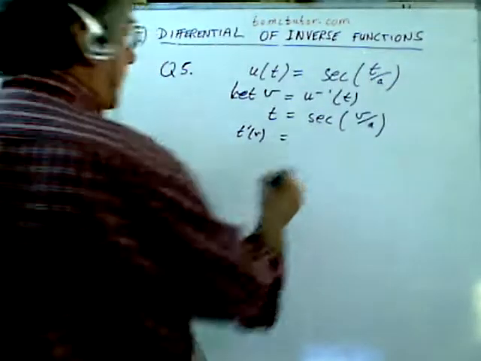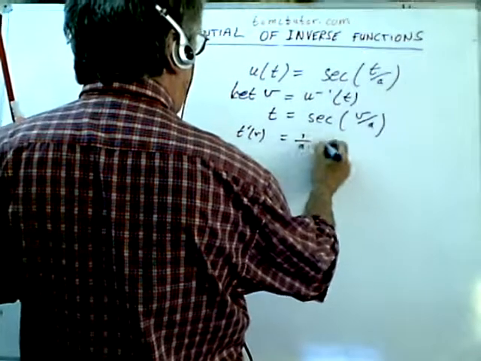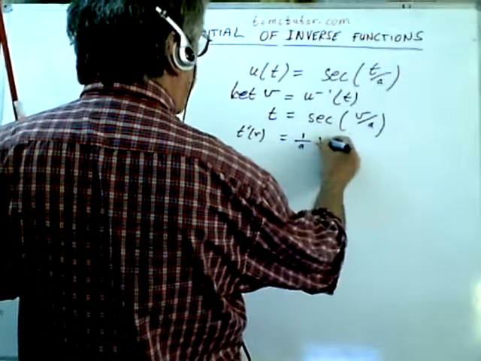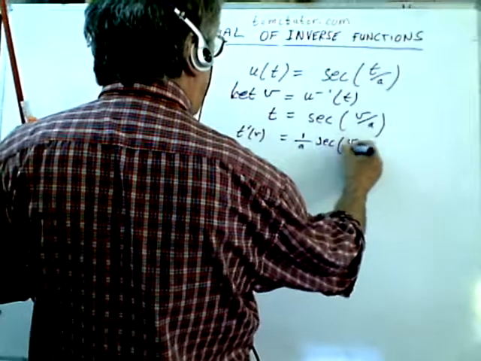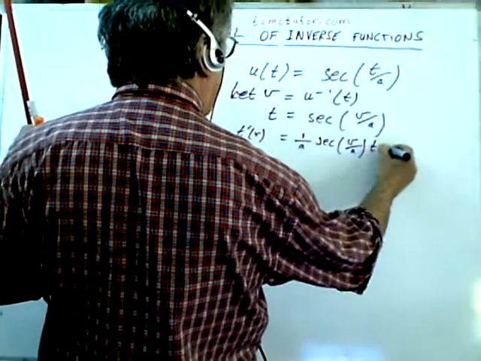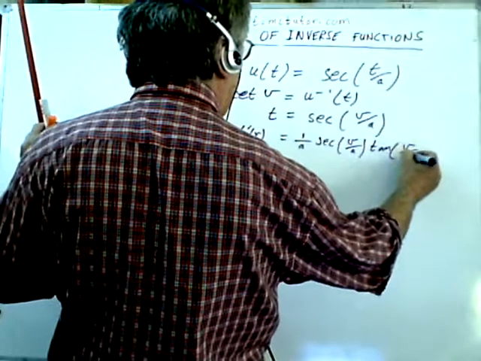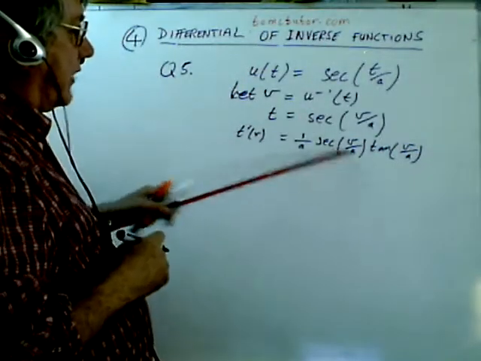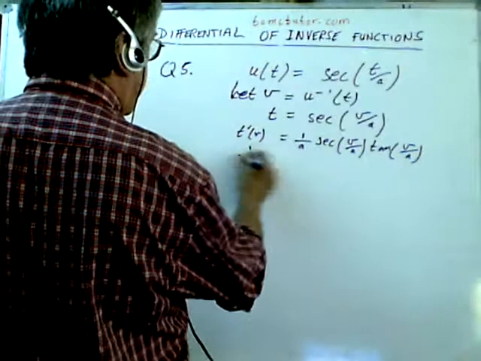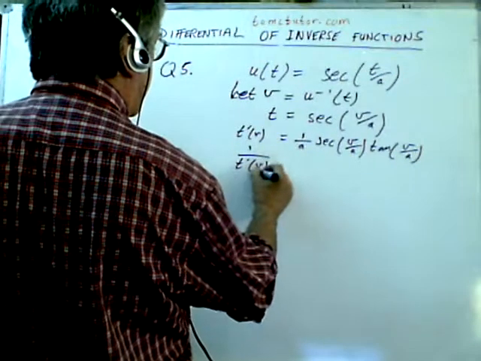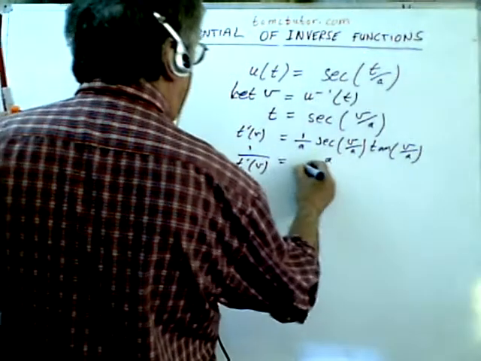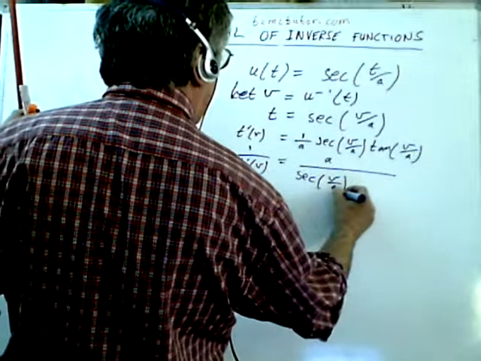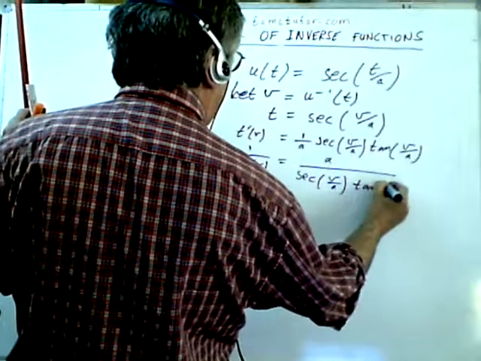It's a sec function, so it's 1 upon a times the sec v upon a times the tan v upon a, because that's the differential of a secant function. And then of course we just reciprocate this, which will give us a over the sec v over a, tan v over a.